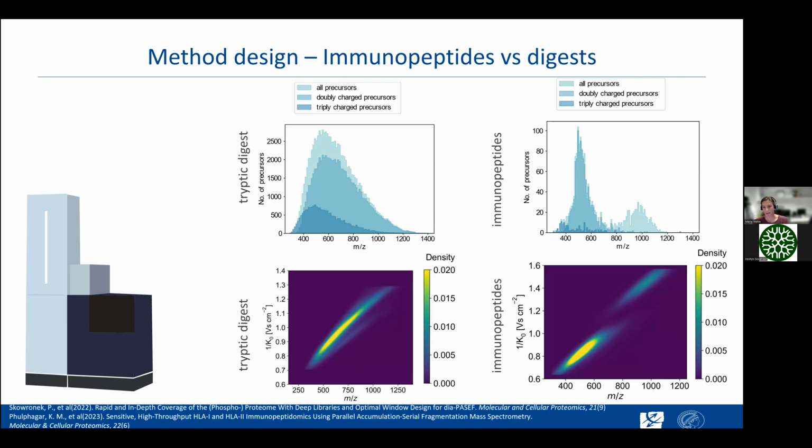This also translates into the ion mobility dimension. This is basically the y-axis here. And you can see that while the tryptic digest has more of a homogeneous population here, the immunopeptide sample has somewhat two distinct ones. And this is really the single charge precursors that come into play here, what I said in the beginning about what you have to keep an eye on when you measure those.